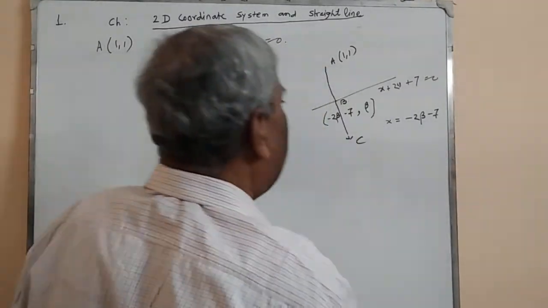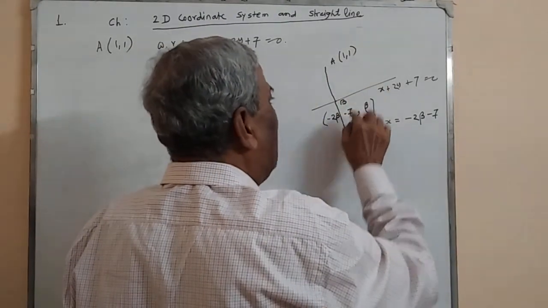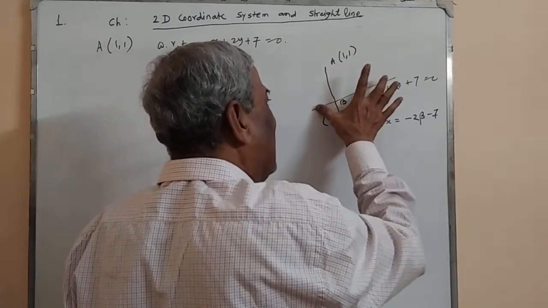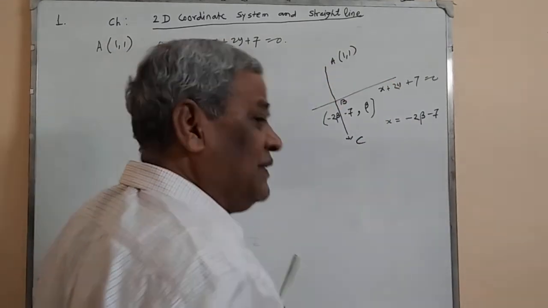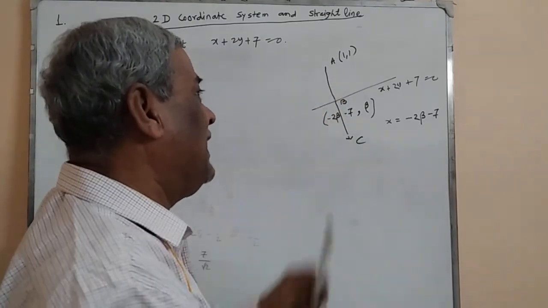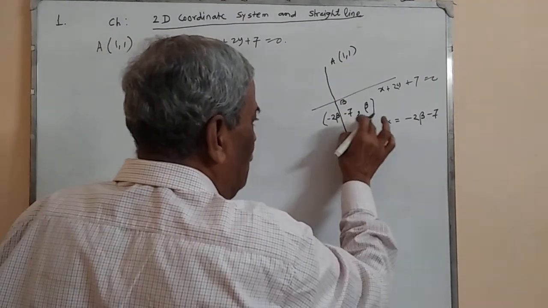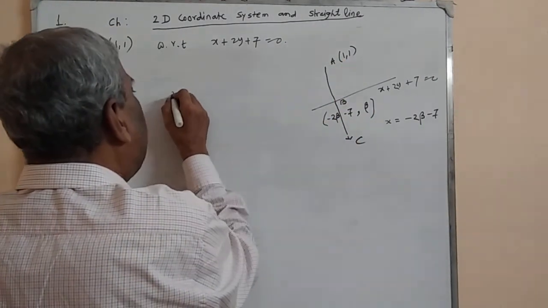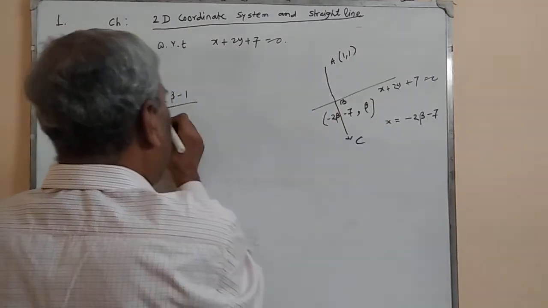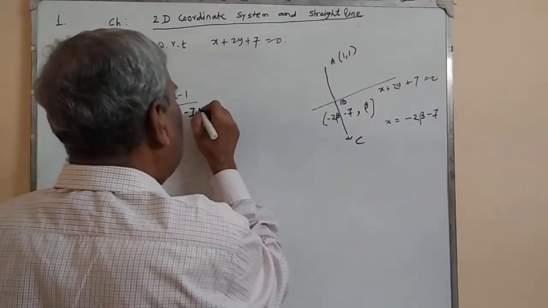So once again, we have to calculate beta. For that purpose, the gradient of this part and the gradient of that straight line, their product will be minus 1 because they are at right angles. So the gradient of AB is beta minus 1 by minus 2 beta minus 7 minus 1.